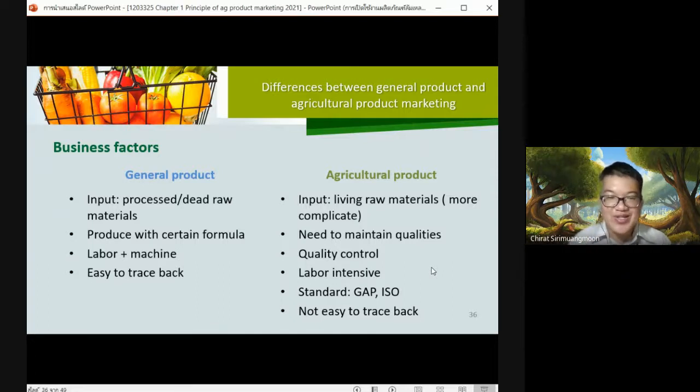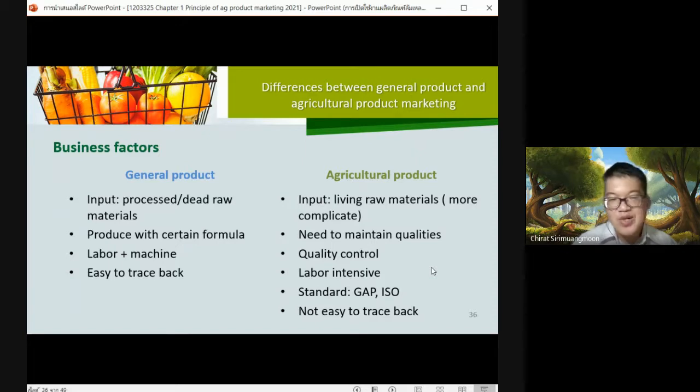So you need to focus on quality control and you need to apply a lot of labor. And sometimes you need to follow a standard like good agricultural practice, the standard for having good quality. And it's not easy to check either, because when agricultural products are mixed together, it is almost impossible to trace back.